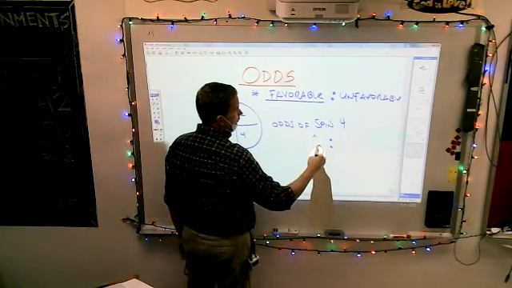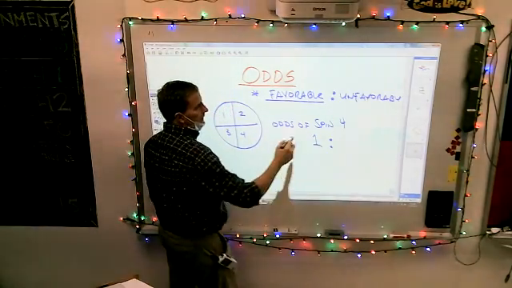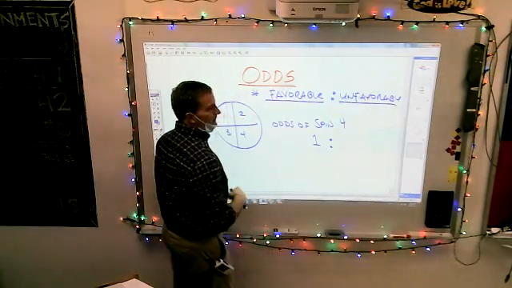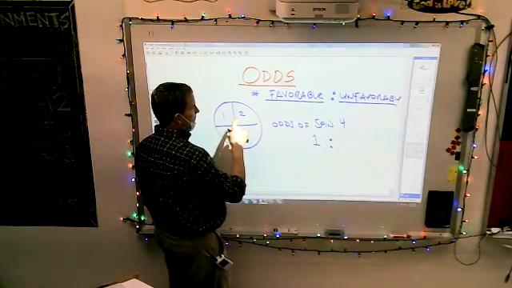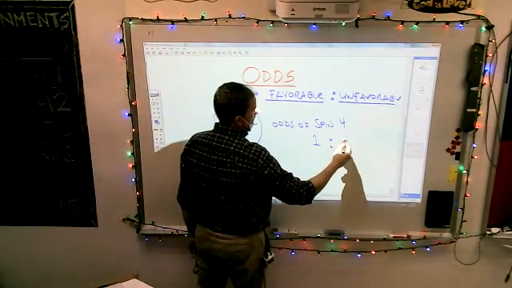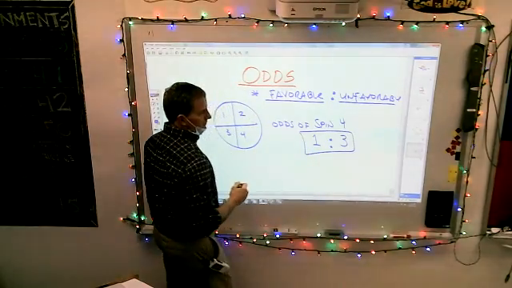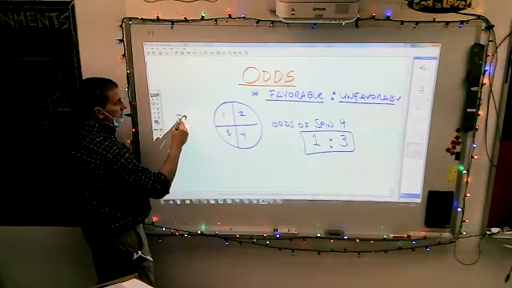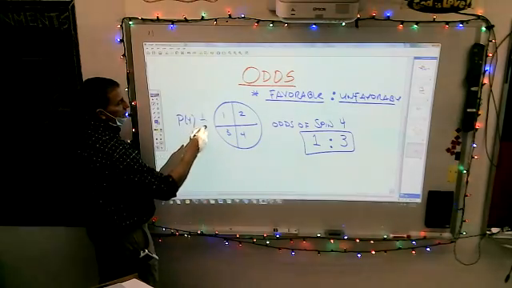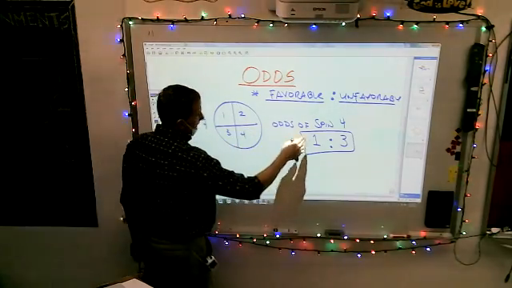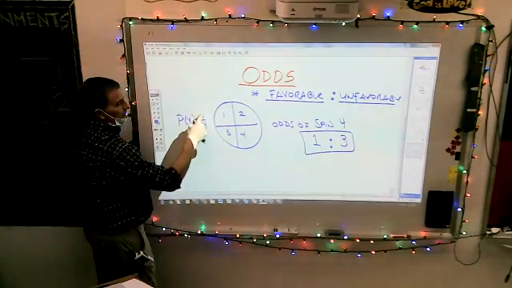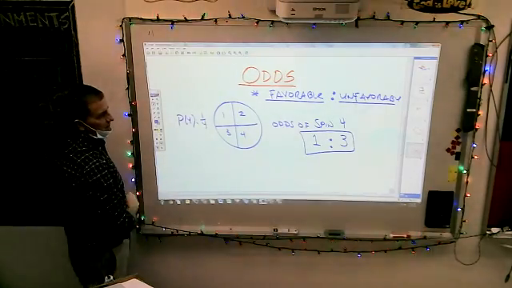There's only one 4. And unfavorable is how many there are not 4, which is 1, 2, 3. Odds would be 1 to 3. Probability of a 4 is 1/4. Favorable to unfavorable versus favorable to total is the difference.